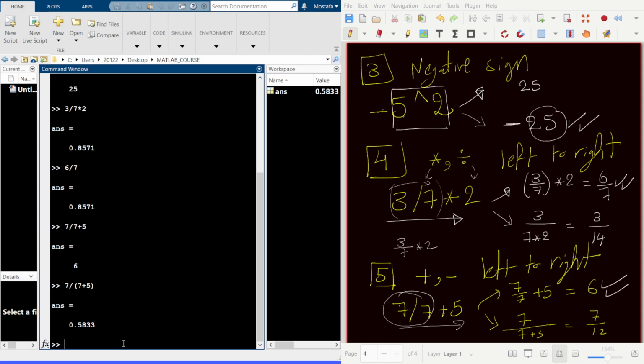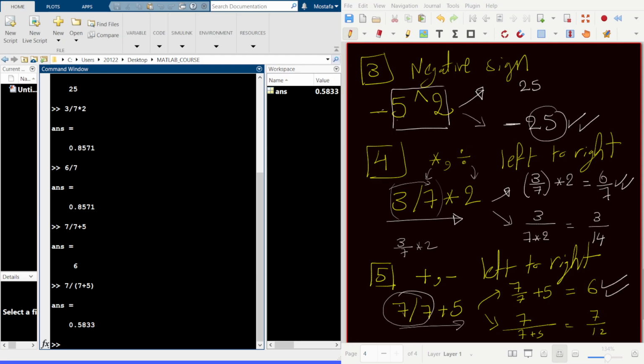So let's recap what we discussed so far. We discussed that you can use MATLAB to do basic arithmetic. You can exponentiate, multiply, divide, subtract, add. And we discussed the hierarchy of these arithmetic operations.